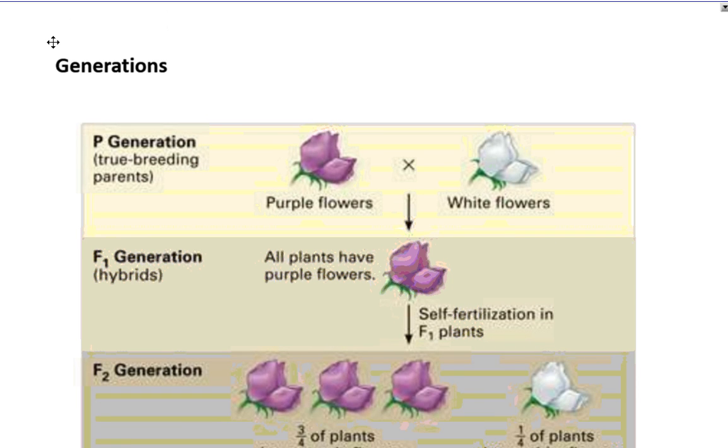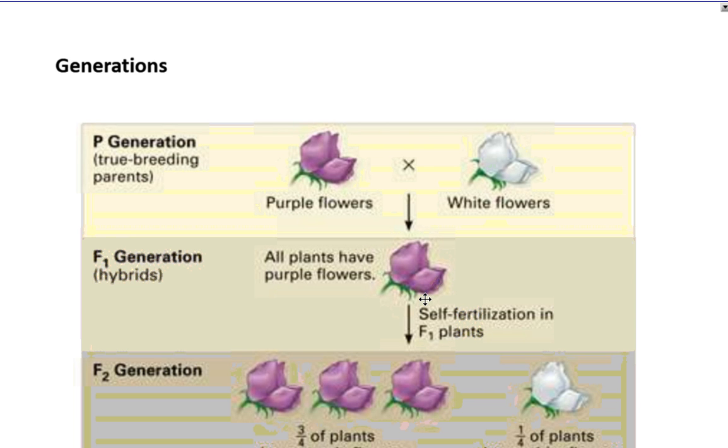So when Mendel was doing his crosses, he would label the generations of the crosses. The first cross was always the P generation, and this was always parents of a true breeding type. So he would take true breeding purple flowers and true breeding white flowers, for example, and this would be the P generation, the first generation. The offspring of that parent generation were the F1 generation.